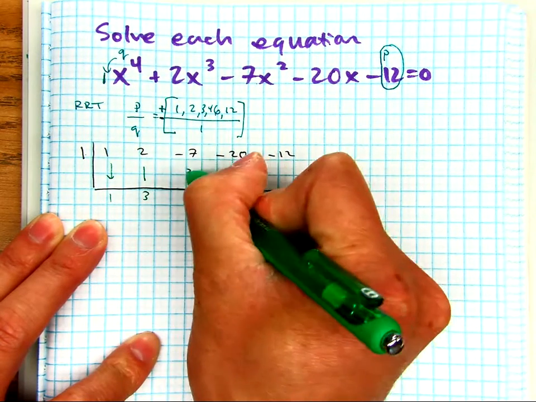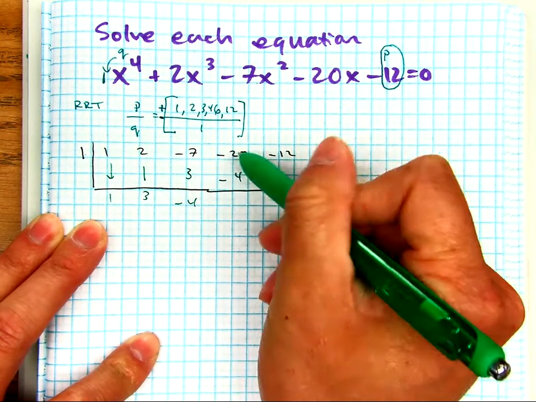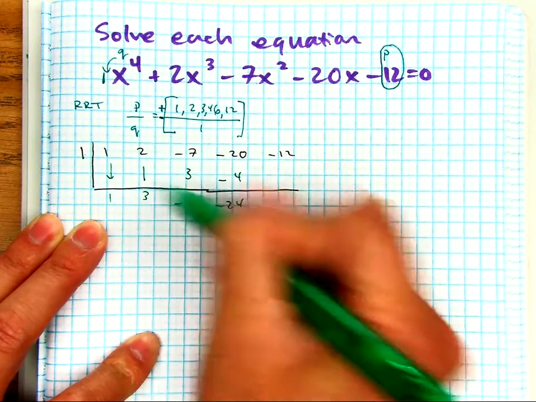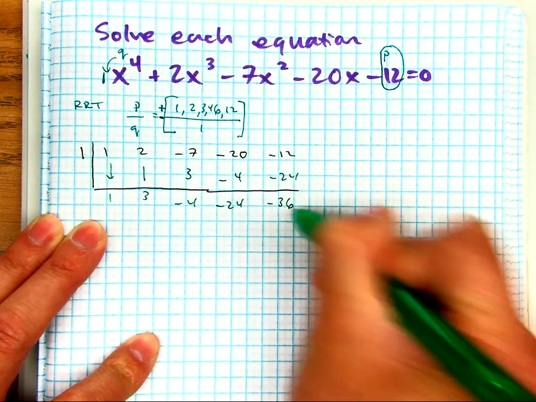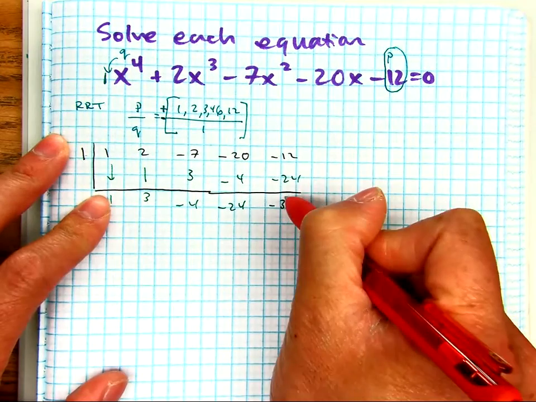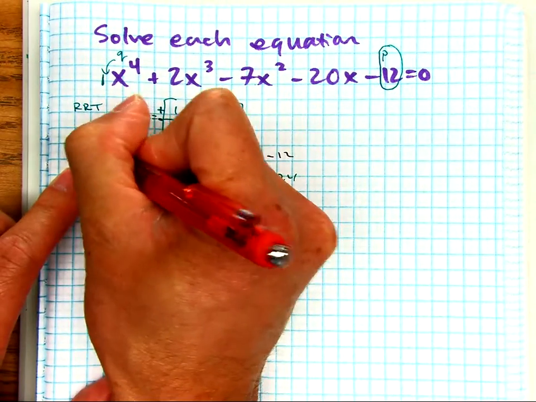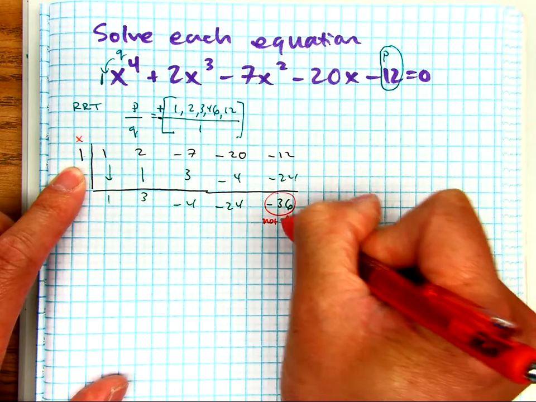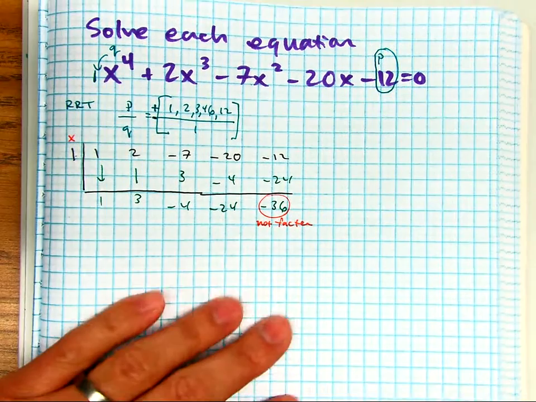Multiply, add, multiply, add, multiply, and I get -36. Class, what does that mean? By the factor theorem, I have a remainder here, so this means that this is not a factor. Okay?